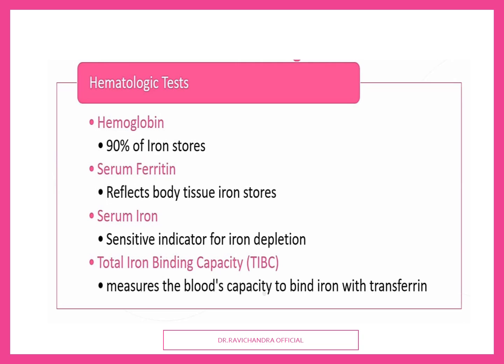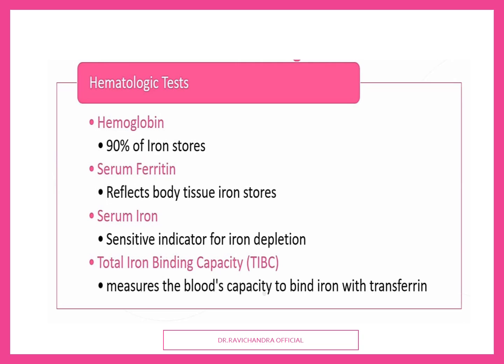What are the hematological tests to detect these anemias because of the defect in iron kinetics or heme metabolism? Hemoglobin: generally, 90% of the iron is in hemoglobin, so by assessing hemoglobin, we can check the iron stores.